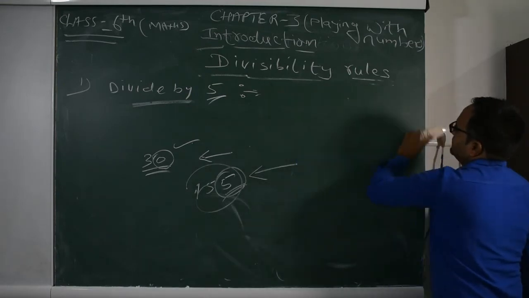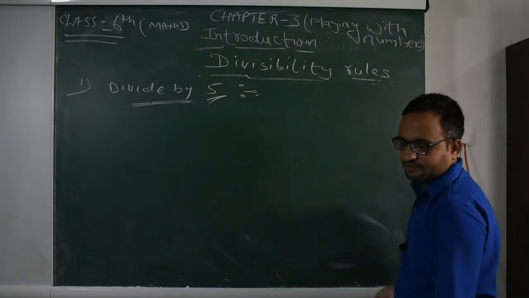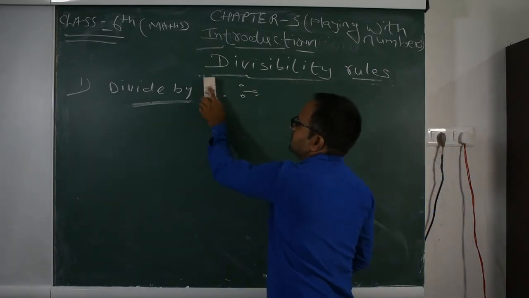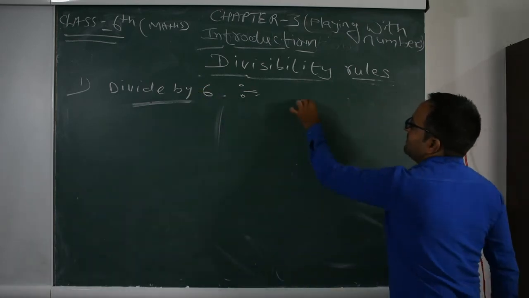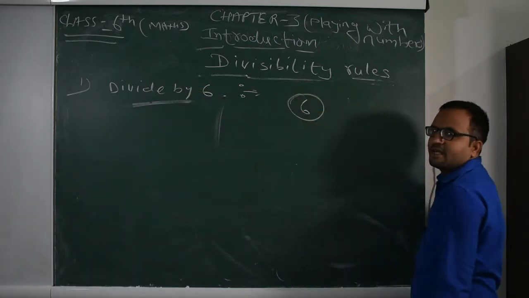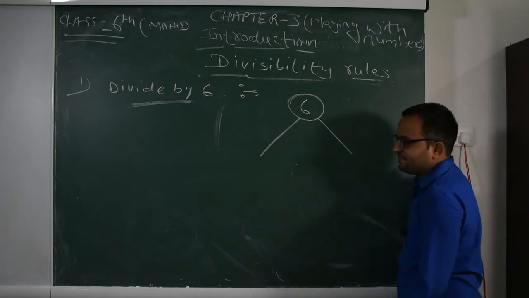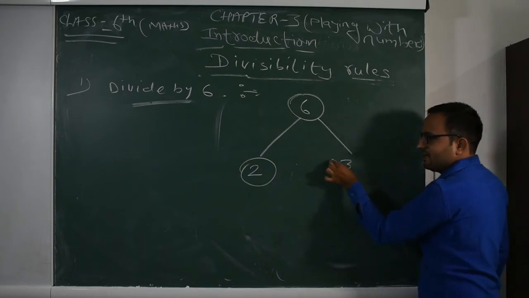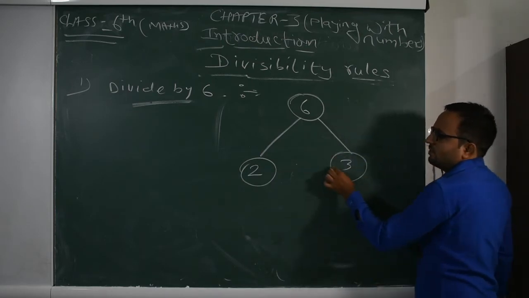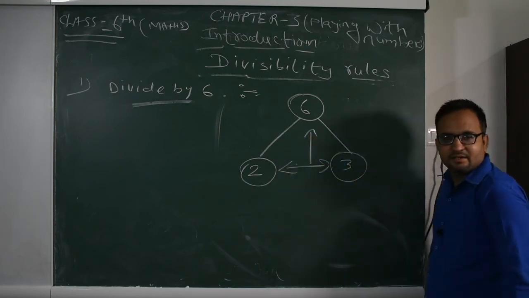Now we discuss the divisibility rule by 6. Divisibility rule by 6 means that if the given number is divisible by 2 and also divisible by 3, then the number is also divisible by 6.